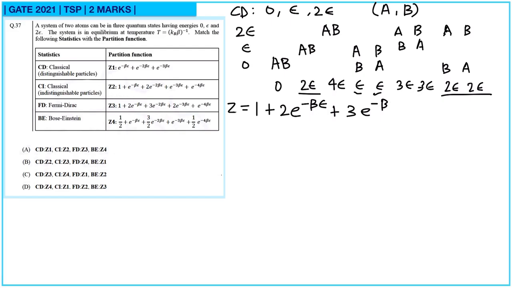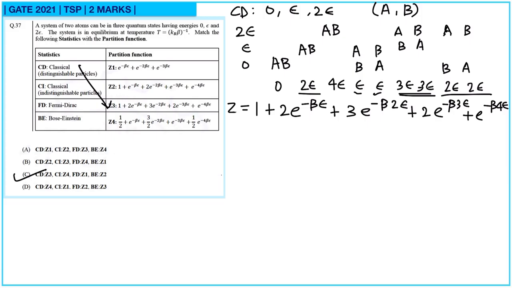Then for 3E we have 2 terms, so this will be 2 into e raised to minus beta 3E, and lastly 1 term, so e raised to minus beta 4E. So this is for classically distinguishable particles. So here CD is equal to 3, so that means option C is correct.